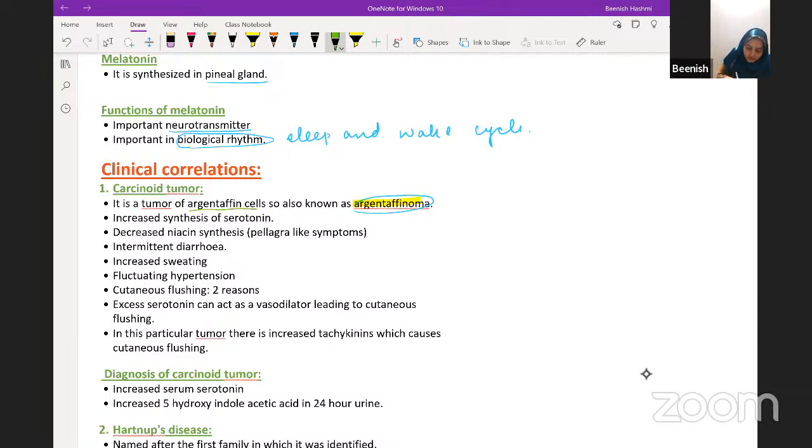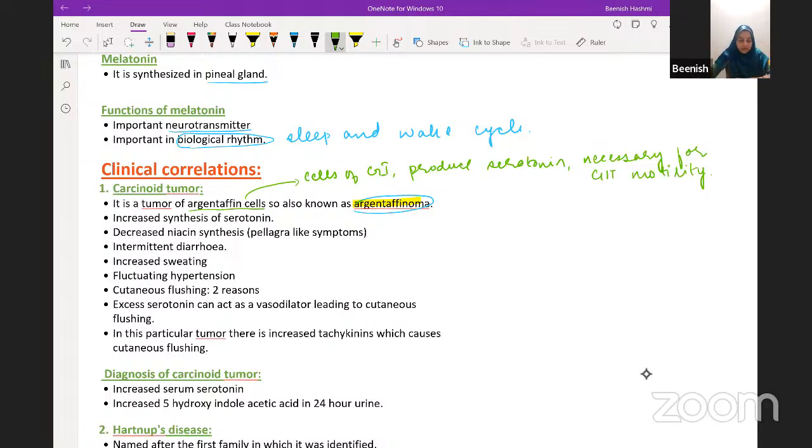So in carcinoid tumor, there is a tumor in the argentaffin cells.